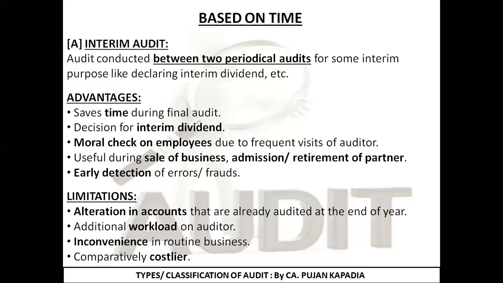Because they know that the auditor is not going to recheck all of this again because he has already audited it. So alteration or manipulation may take place in accounts, and this is one of the serious cautions. Hence, it is a limitation of interim audit. So it is always advisable, whenever you are doing interim audit, before starting from the period where you have stopped, just take a quick overview of all the points on all the months that you have already audited.